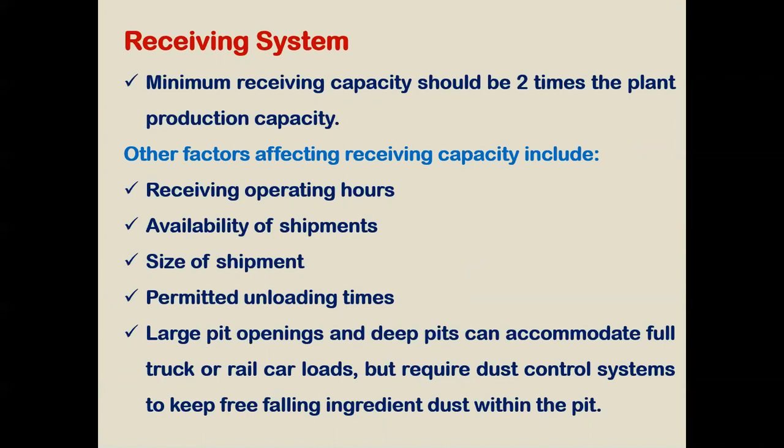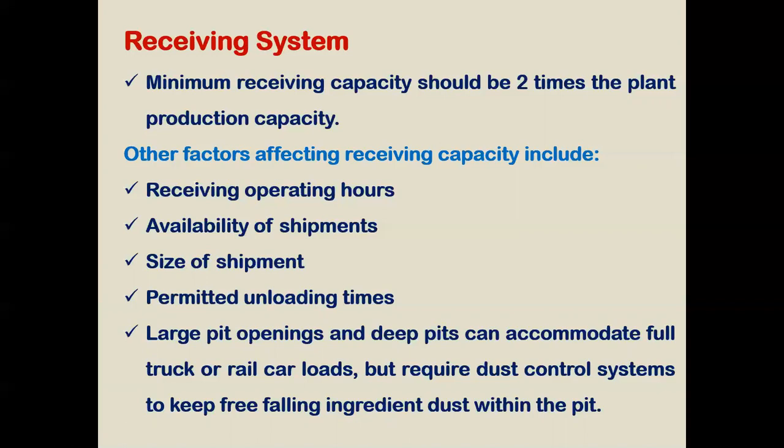There are other factors which affect the receiving capacity, such as the receiving operating hours, availability of shipments, size of shipment, how much capacity the shipment is loaded with, and permitted unloading times. So these are the factors.